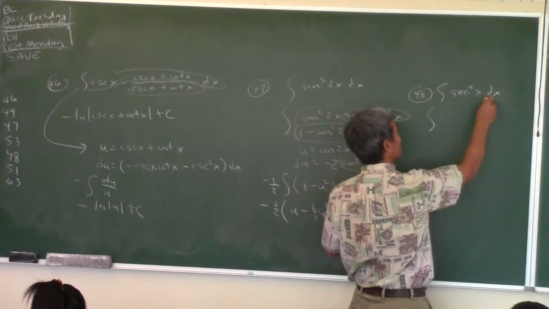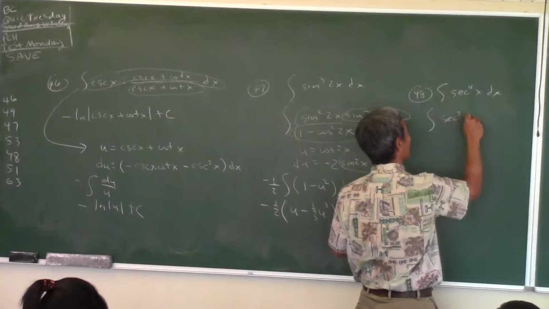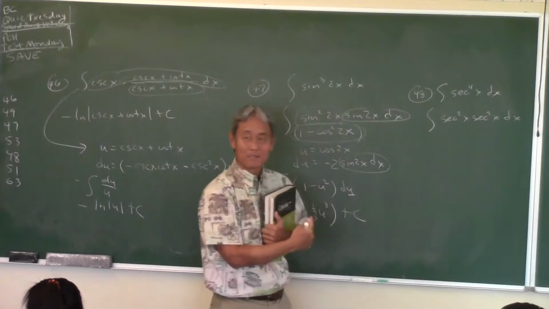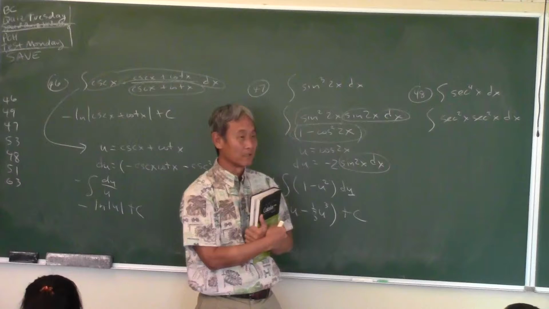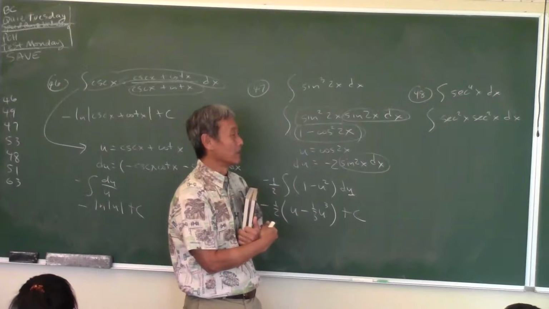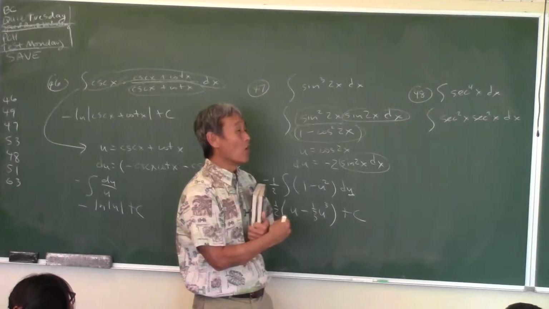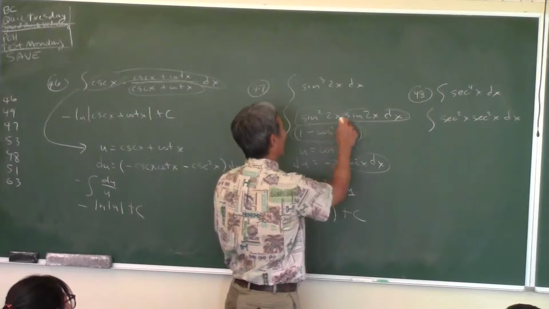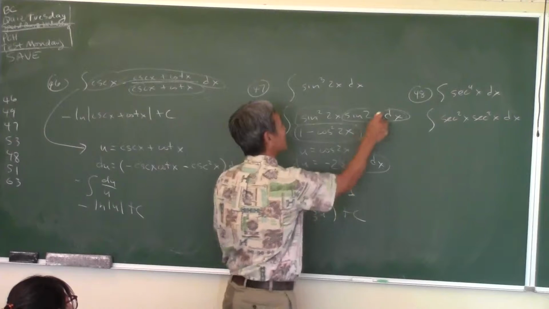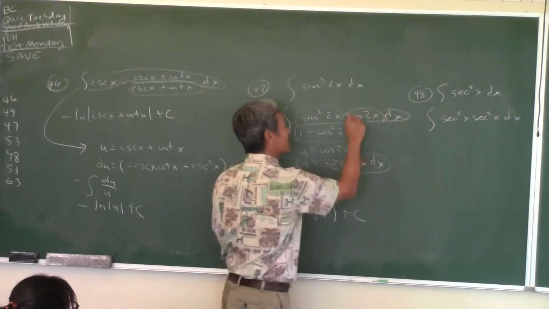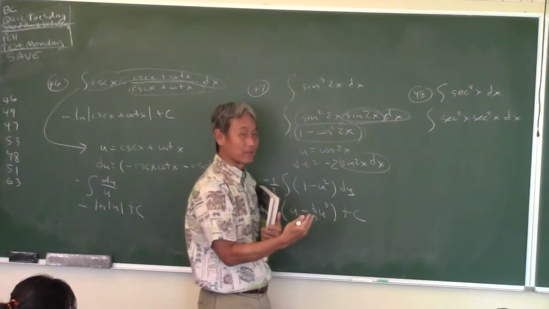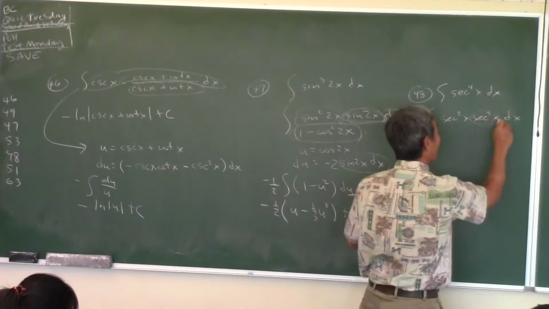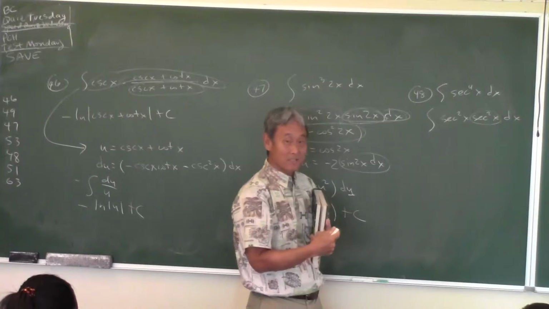So what you want to do is split that up into secant squared times secant squared. Why not secant cubed and secant? Because when you split it up into square and 1, it's du. Isn't secant squared the derivative of tangent x?